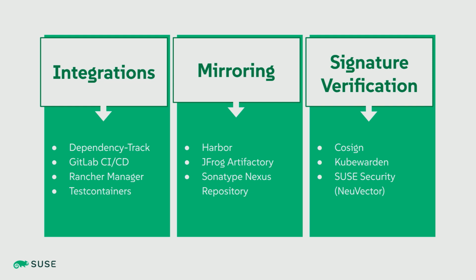You can mirror application collection into your private registry if it is Harbor or JFrog or Sonatype Nexus, right? And because it is Harbor, obviously you will be able to mirror it into the SUSE private registry as well, because that's based on Harbor.